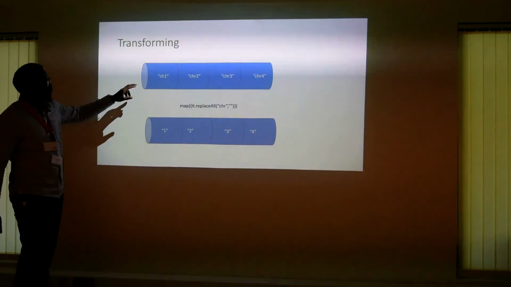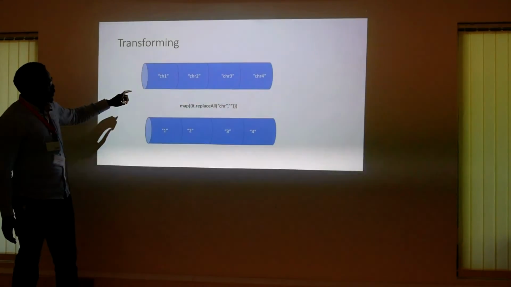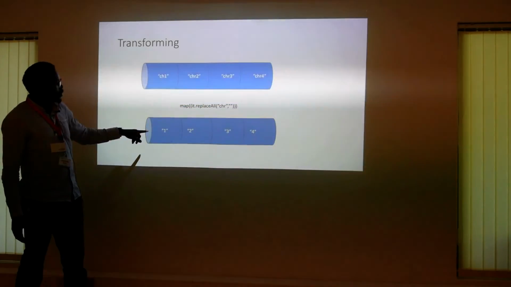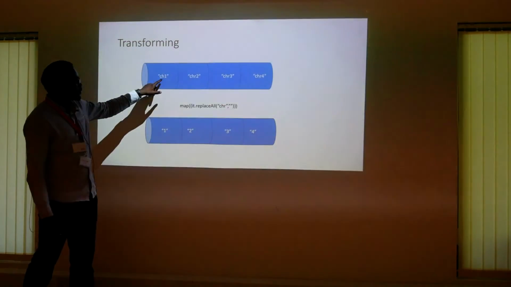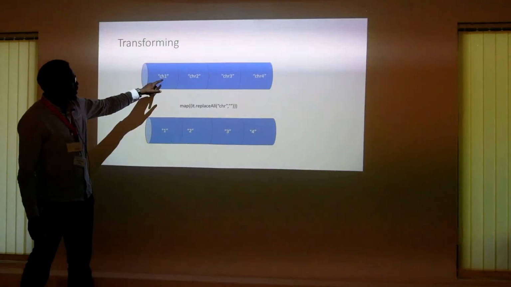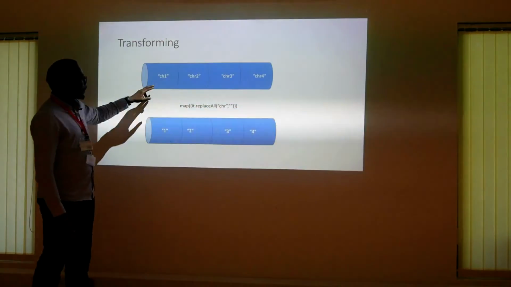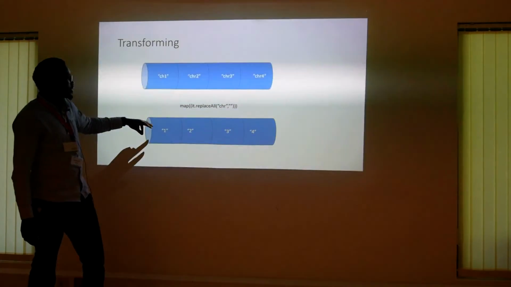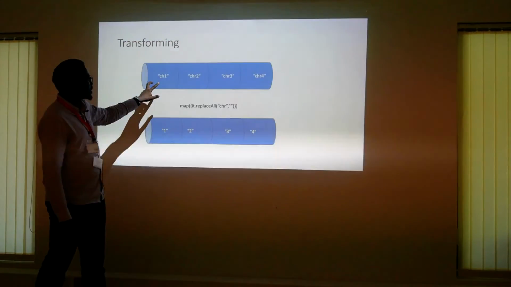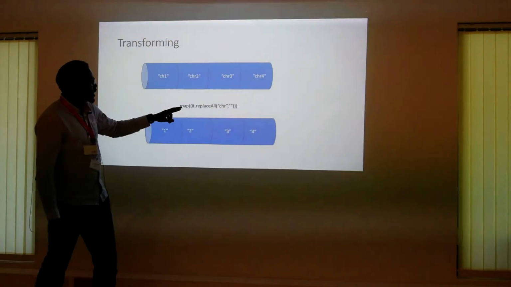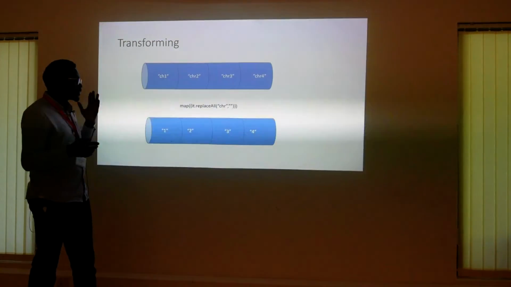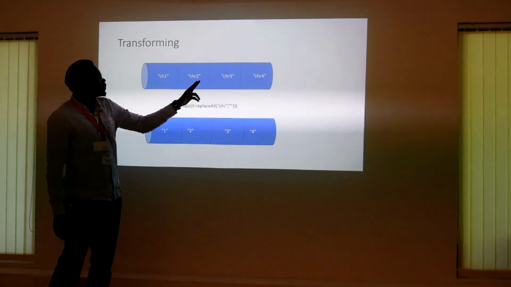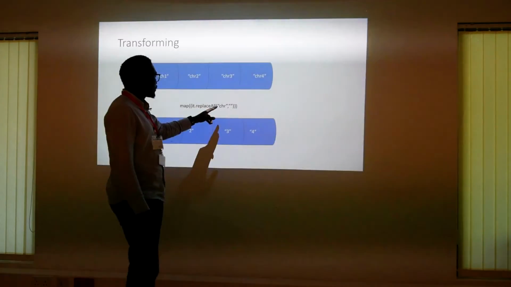But here what essentially this transformation is doing is that we have this channel containing these values, and we want to replace all the instances of CHR, I think there was a typo there, because this one does not have R, but essentially it's replacing all the instances of CHR with a blank or an empty kind of thing. So the it here is an item. So each item within that channel is going to have this replacement.